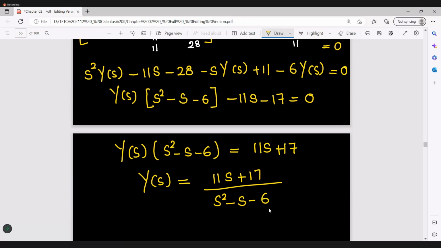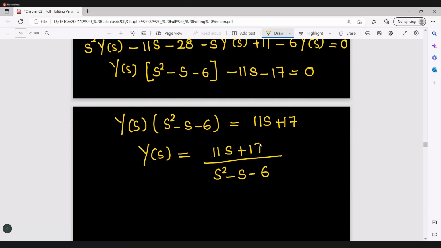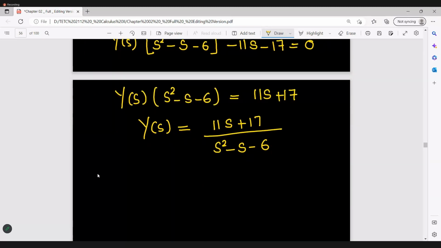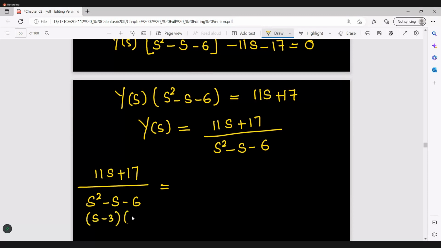So here, can we factorize s squared minus s minus 6? We have the problem 11s plus 17 over s squared minus s minus 6, which is equal to, we can factorize this as s minus 3 times s plus 2. So we can define our partial fractions as A over s minus 3 plus B over s plus 2.